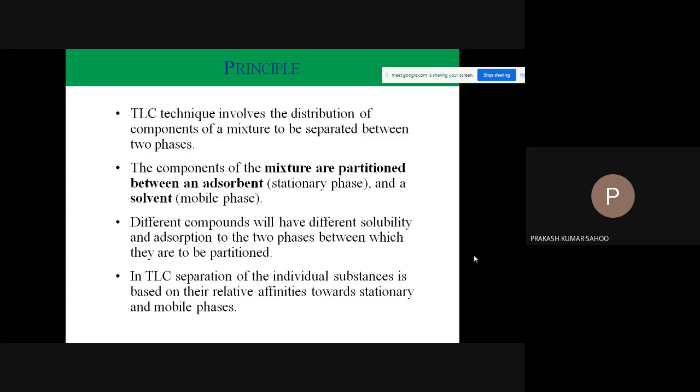So here the stationary phase is coated with adsorbents like silica gel, alumina, etc. This technique was discovered by Stahl, it is written in your PDF, in 1938. It is faster, more sensitive, and has better resolution than paper chromatography.